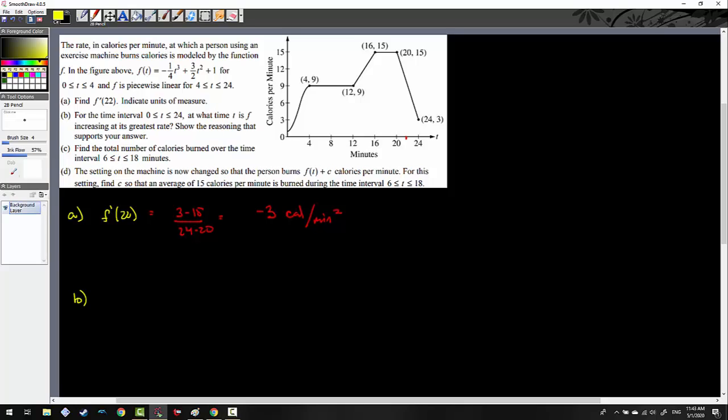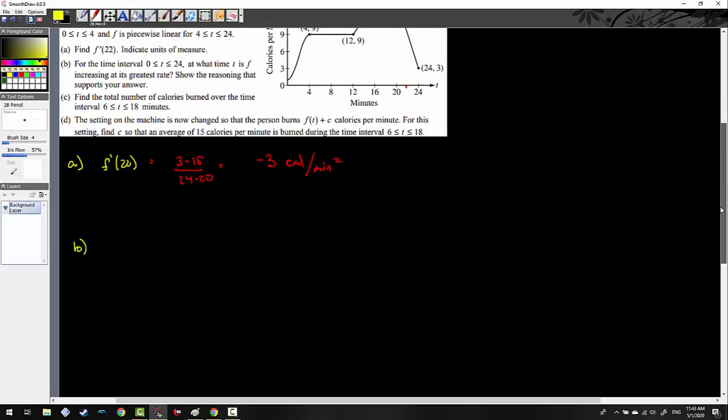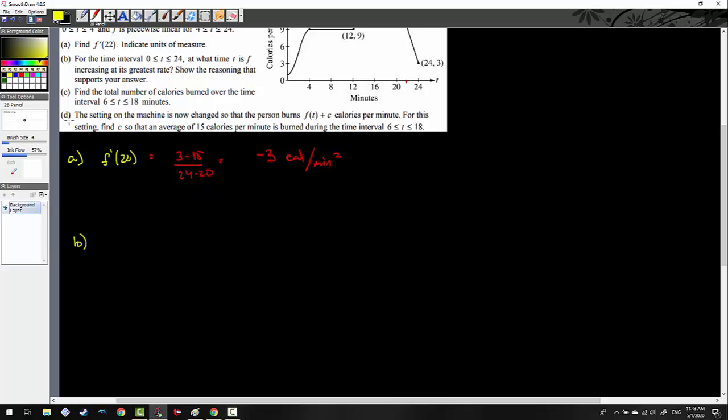Part B is really the hardest question on here. It says, for the time interval 0 to 24, at what time is f increasing at its greatest rate? So the phrase increasing at its greatest rate is really an important clue in this problem. It says show the reasoning that supports your answer. When I see the word increasing, my first thought is to go to f prime, because the first derivative will tell you when a graph is increasing.